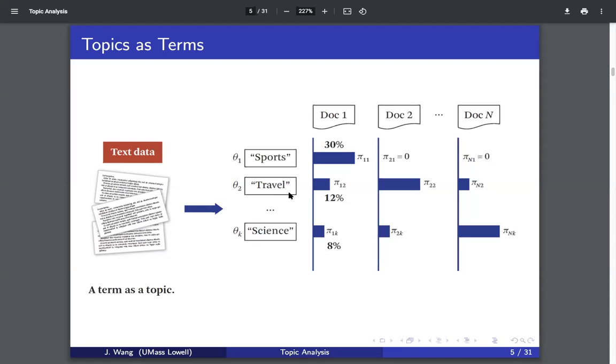How many describe travel? How many describe science? Then you do a maximum likelihood, and boom, you come up with a topic distribution. It's pretty straightforward. This is actually a pretty rough topic modeling, but it's easier to do.